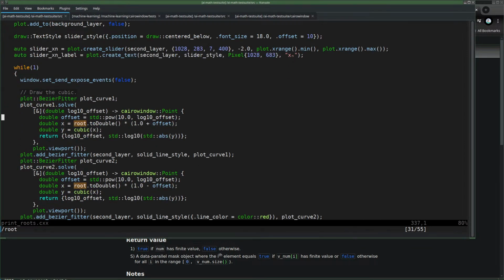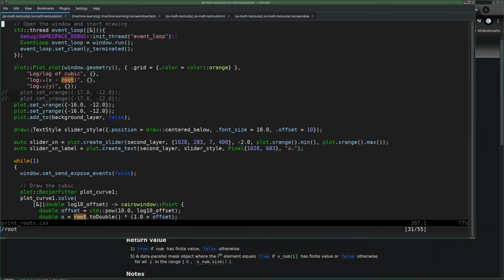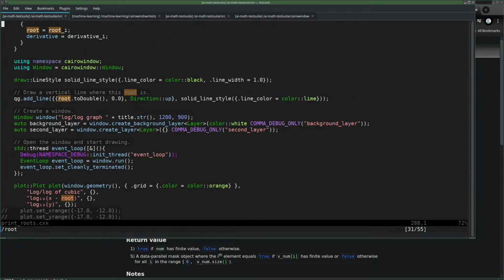At most, I could draw lines at the other roots as well, but with a different color maybe.